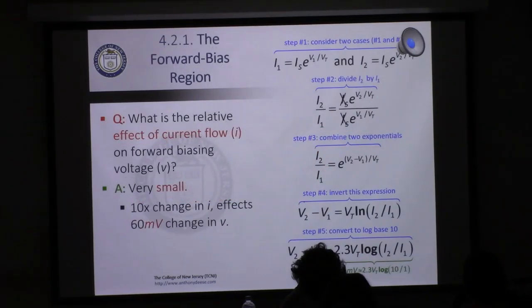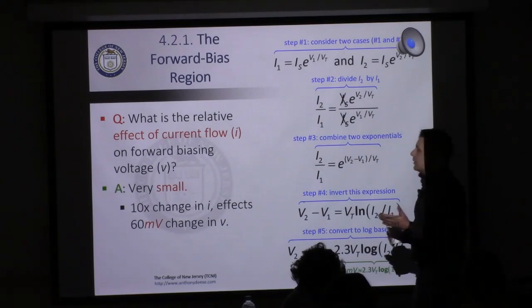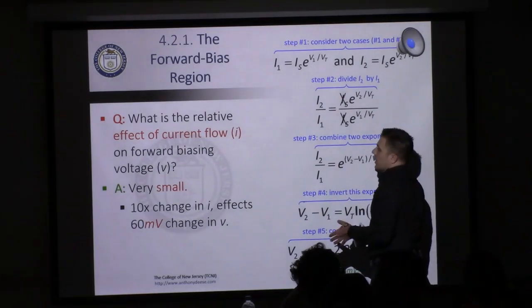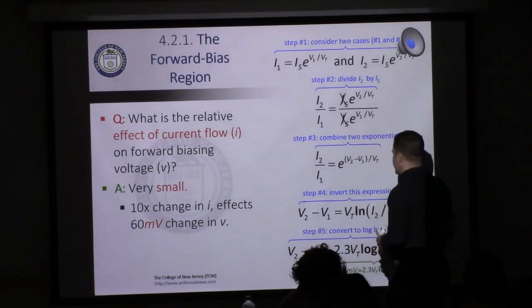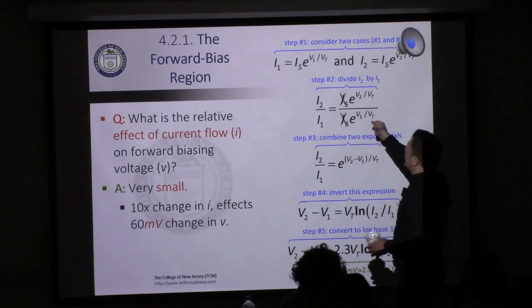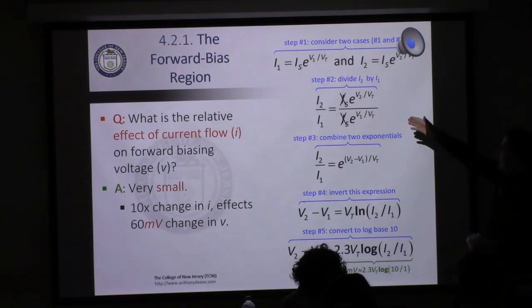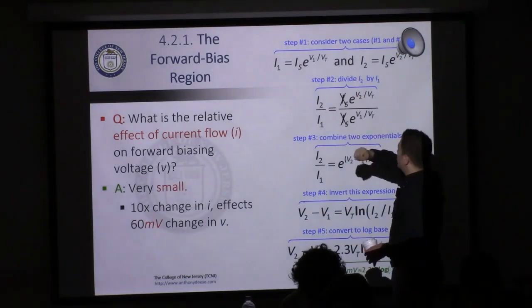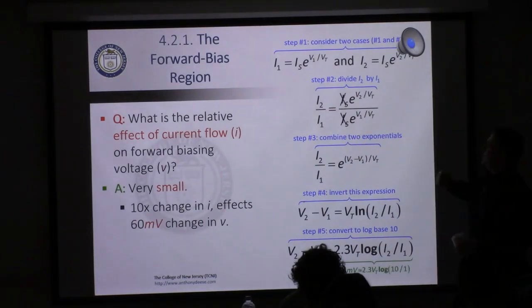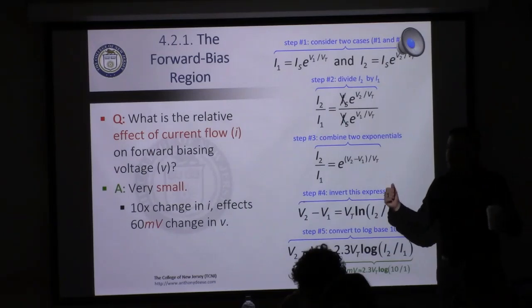All right, so there's one question that's asked in the book. It says, what's the relative effect of current flow on forward bias voltage? And so we did this example here. If you take a look, I set up two versions of the exponential model. One is I1 with a voltage of V1. One is I2 with a voltage of V2. They're nondescript values, just generic.